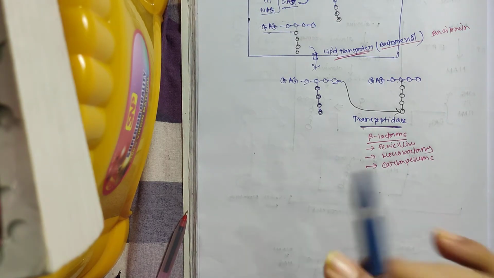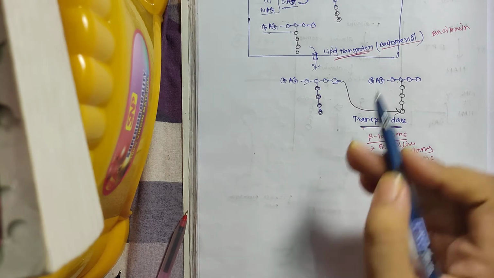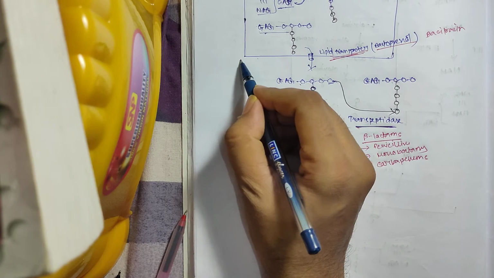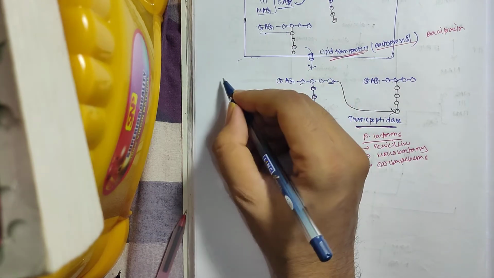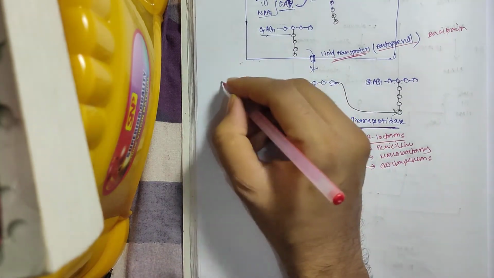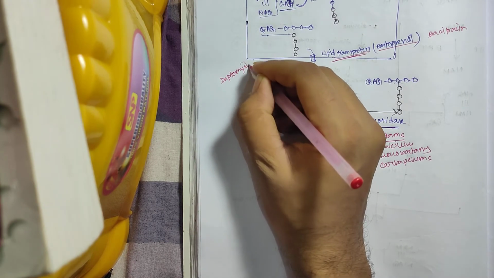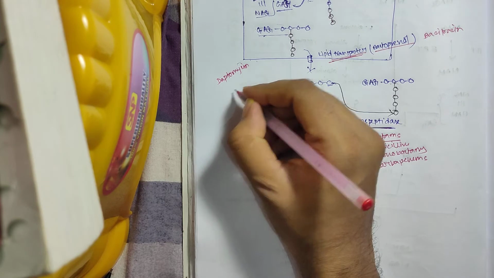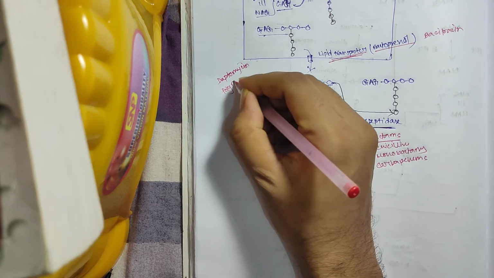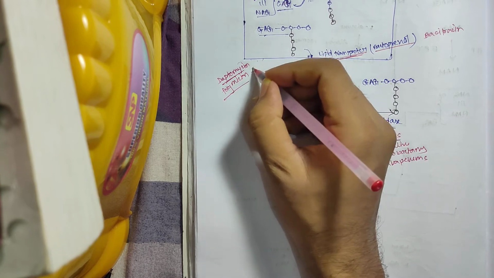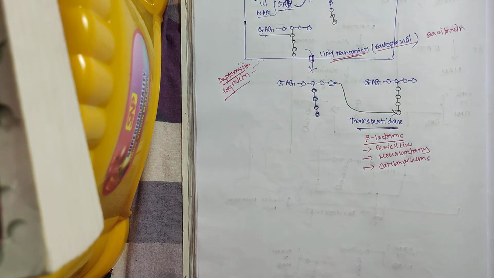We can use those antibiotics which act on the cell membrane itself, right? Such antibiotics include daptomycin and polymyxin, right? So they act on the cell membrane, and thus they have their antimicrobial effect.